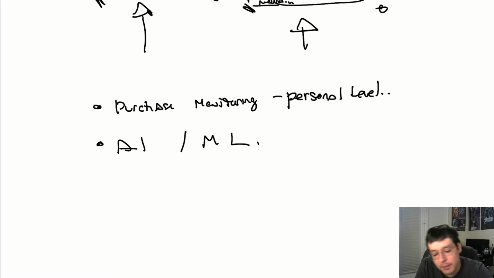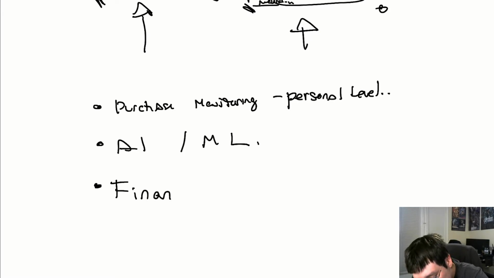Another big thing about that, at least in the last few years, that has become huge for web scraping is finance. Nowadays there's a lot of automation in things like the stock market.